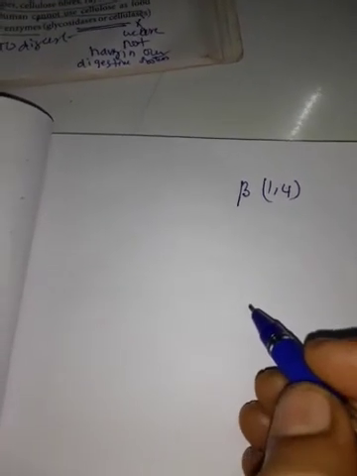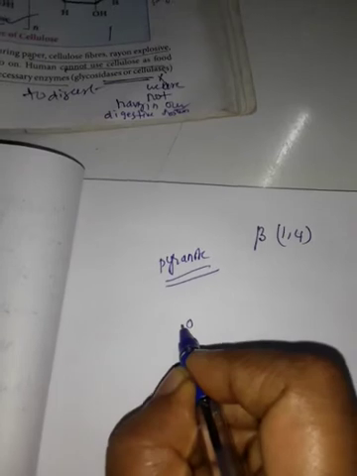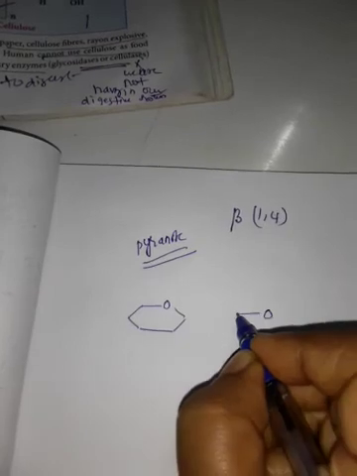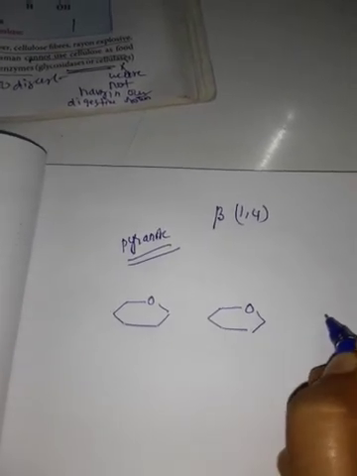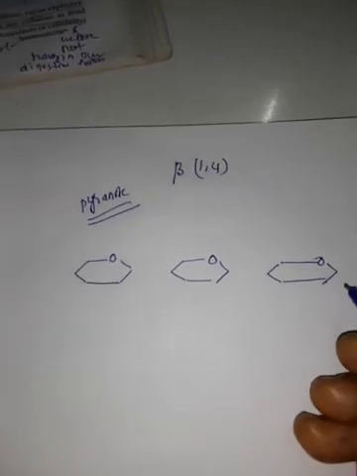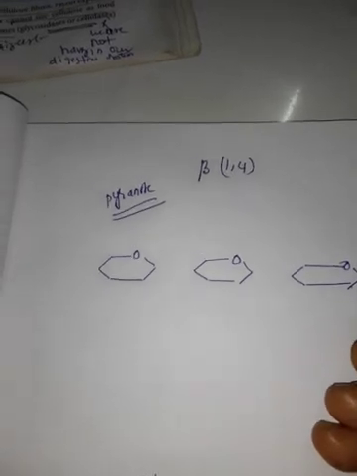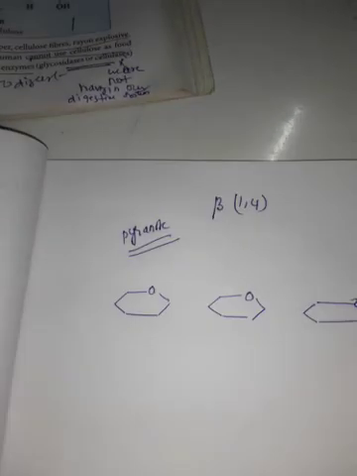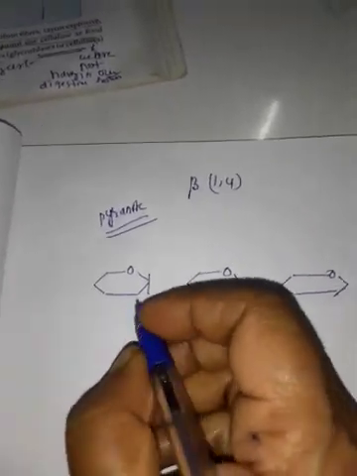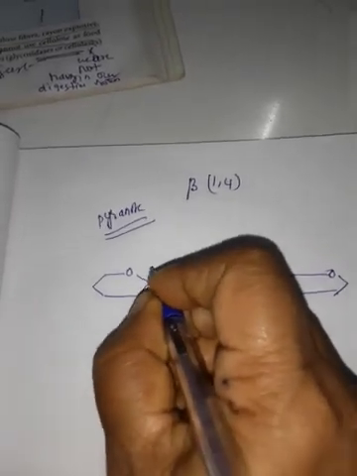So now we are going to learn the pyranose form, the pyranose structure. The only thing is beta here: hydrogen is at the bottom, OH is at the top.